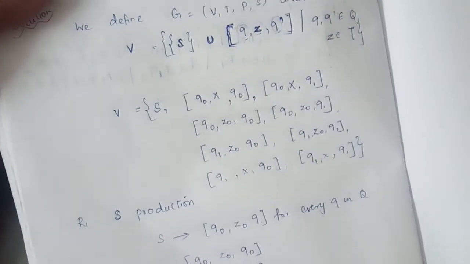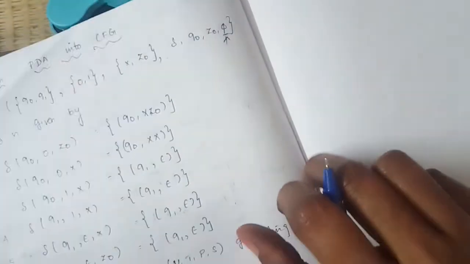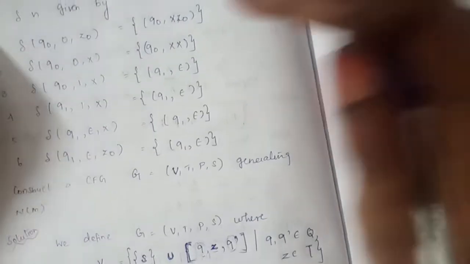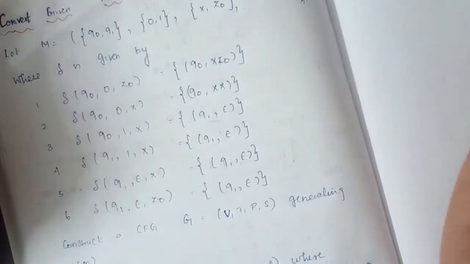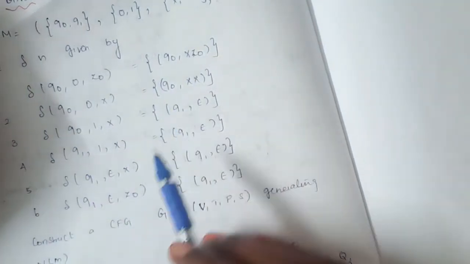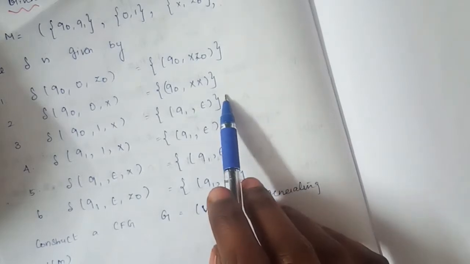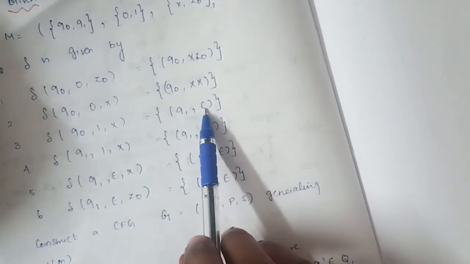After that we have to see the mapping function. When we see this problem, we have a set of rules which are divided into two categories: terminal rules and non-terminal rules. Rules 3, 4, 5 and 6 are termed terminal rules, which give epsilon as an output.